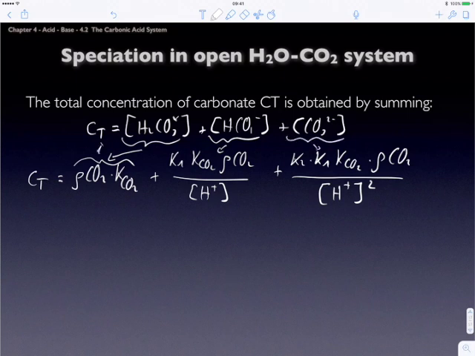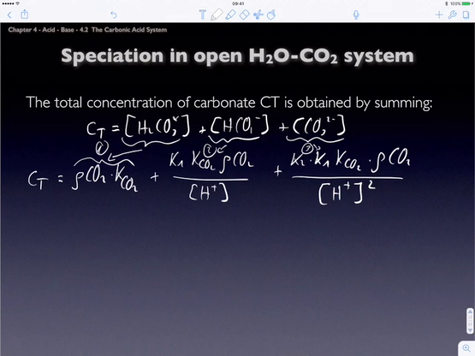So we have this 1, 2, and 3 way of representing that. And everything is now represented with the PCO2, that is a constant, we know it, and the pH. So you're expressing the DIC as a function of the pH in a known system, pressure and temperature.